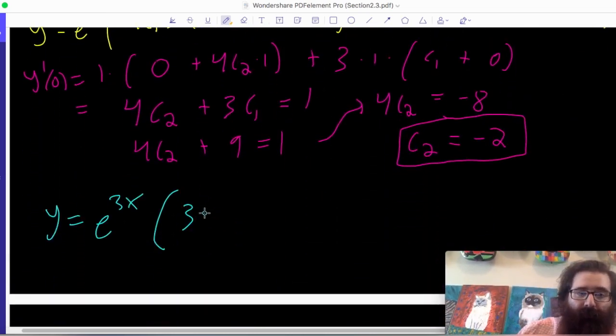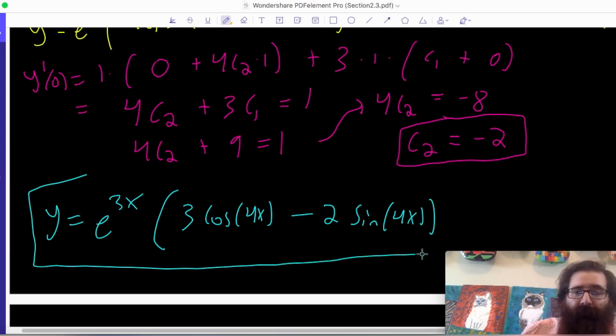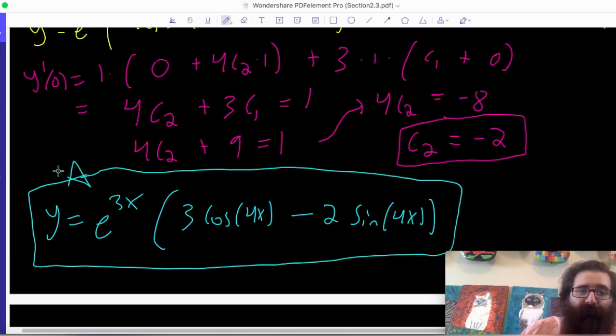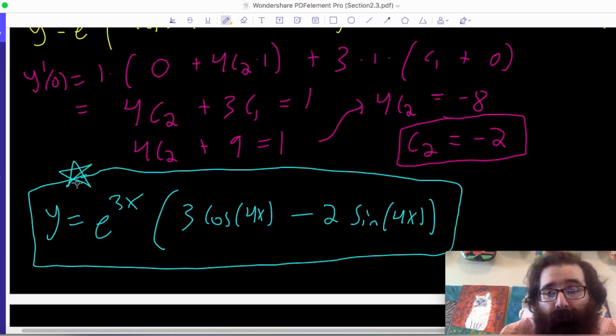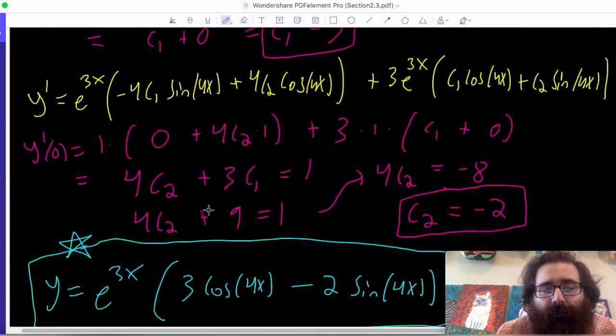So 3 times cosine of 4x plus c sub 2, which is a minus 2, times sine of 4x. And there we have our particular solution using that general solution and using the initial values to solve for c1 and c2. Looks great. I'm very happy with how that turned out, actually. Yeah, looks nice.